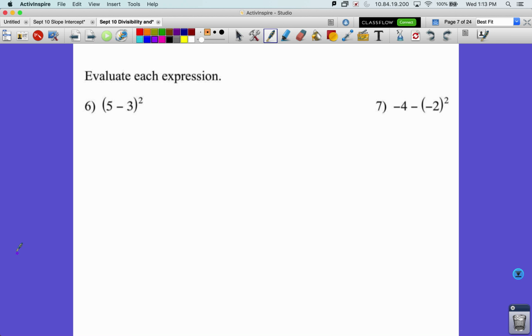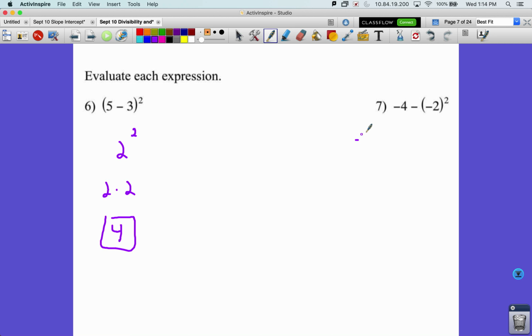All right. Evaluate each expression. So we still have to follow PEMDAS, which means these parentheses go first. In problem number 6, we got to do the 5 minus 3 first. That becomes a 2. Now we can drop the parentheses. 2 squared means 2 times 2, which means 4. Here the exponent goes first because you cannot simplify what's inside the parentheses.